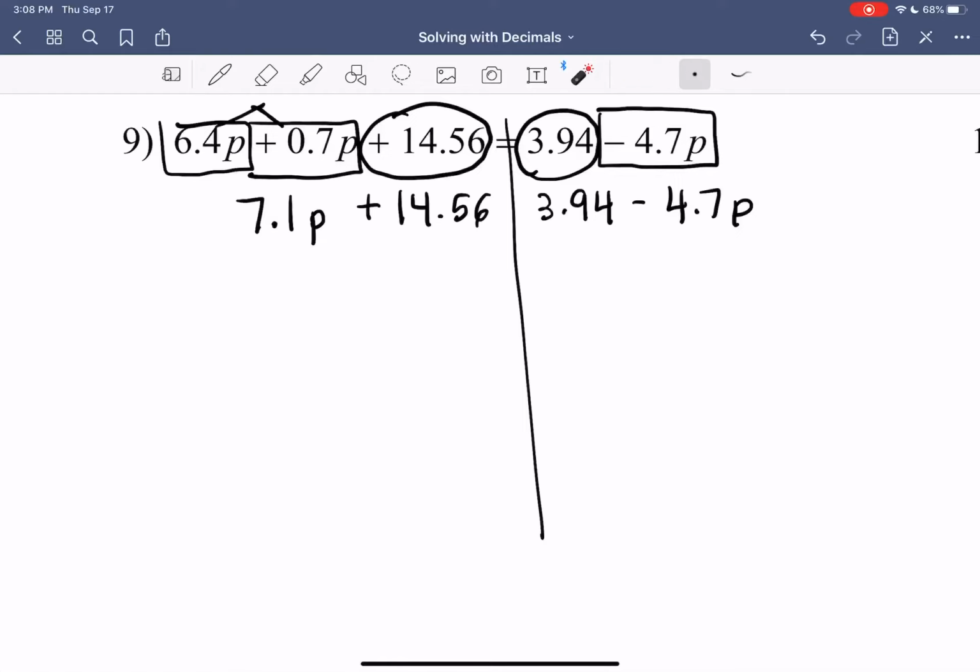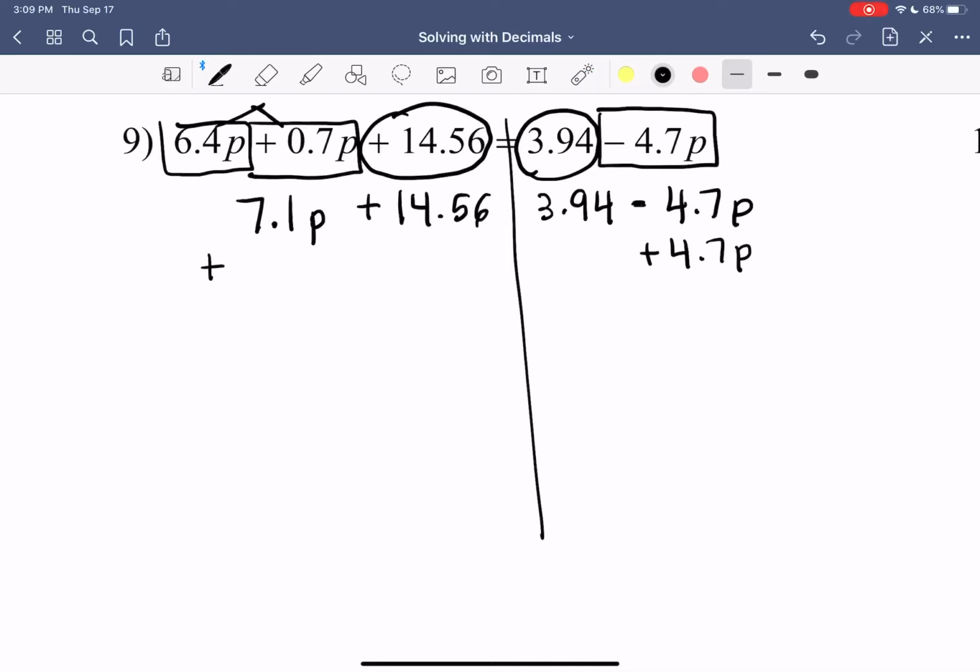And on the right side, we don't have any like terms, so this will just get rewritten like this. Okay, down to our next question is if we have variables on both sides, and we do. We have 7.1p and we have minus 4.7p. So we're going to move our least coefficient. So this might be a little tricky. Again, remembering that we have to include our negative sign right here that I'm laser pointing.